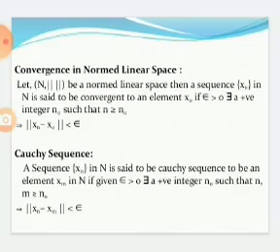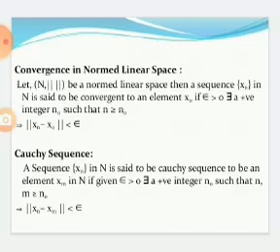If epsilon is greater than 0, here epsilon is a very negligible, positive element, a very small element, and there exists some element in the sequence such that the difference must be less than epsilon. Epsilon means a very negligible value. So every normed linear space can satisfy the convergence definition, the Cauchy sequence definition, and also the complete definition.